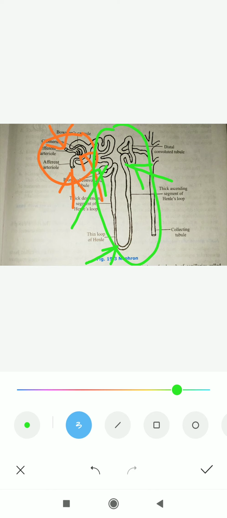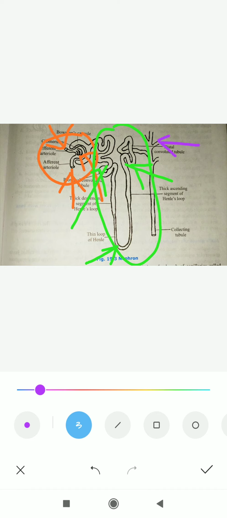Now the complete renal tubule opens into a structure which is again a tubular part of the nephron, and this part is known as collecting duct.